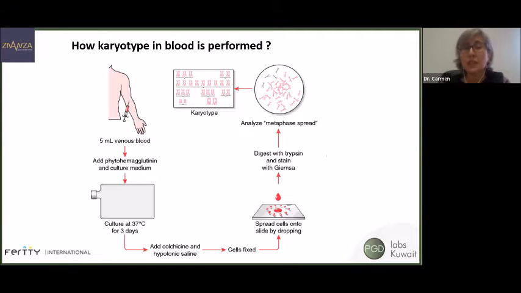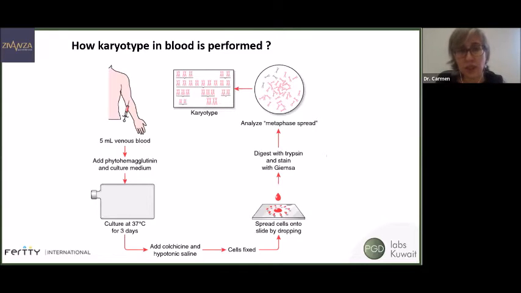Obtaining the karyotype is quite a simple procedure, and it's not very difficult to achieve. We can do the karyotype in a lot of different cell types and different tissues. The only condition is that these tissues, these cells should be alive, because we need to perform a culture in order to get cell division.